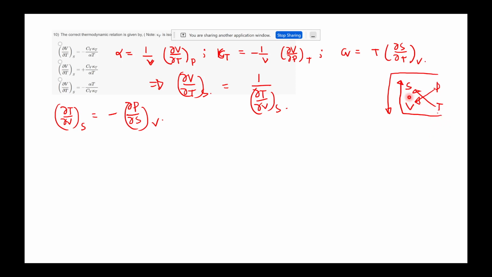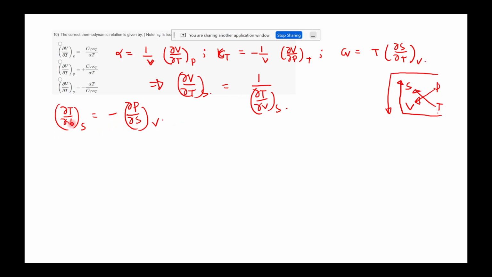So del T del V at constant S will be minus del P del S at constant V. Now the sign will depend on the arrow from initial to final: if it is directed downwards, then it is positive, and if upward, then it is negative.